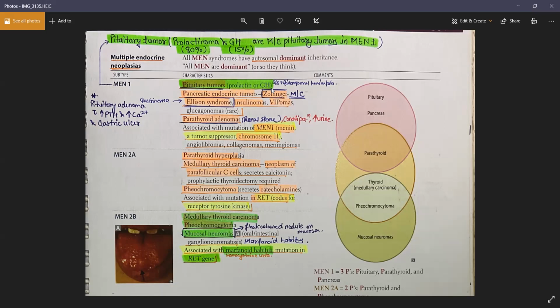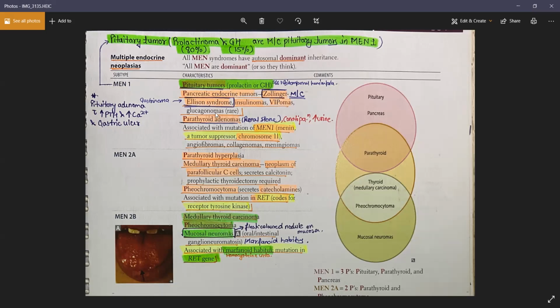Okay, for the pancreatic tumors, you can have Zollinger-Ellison syndrome, which is because of the release of gastrin. You have a gastrin-releasing tumor, which is Zollinger-Ellison syndrome. You can have an insulin-releasing tumor, insulinoma.